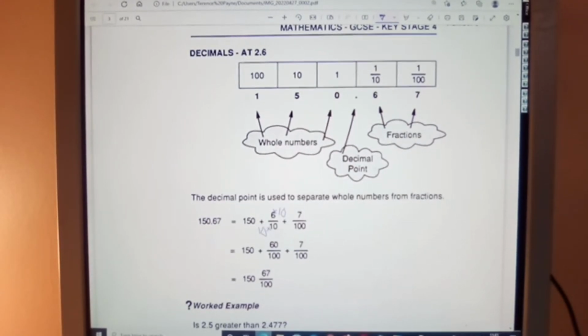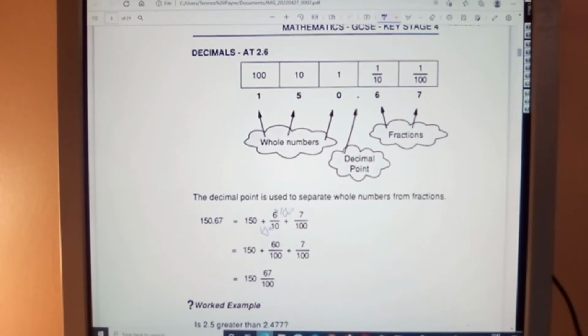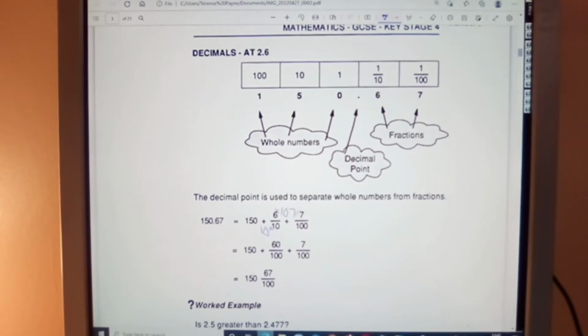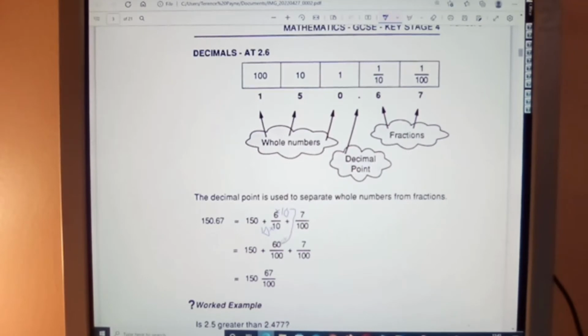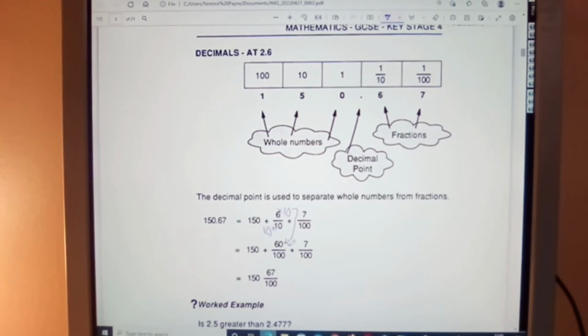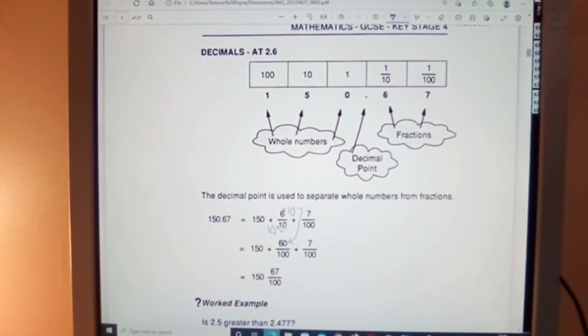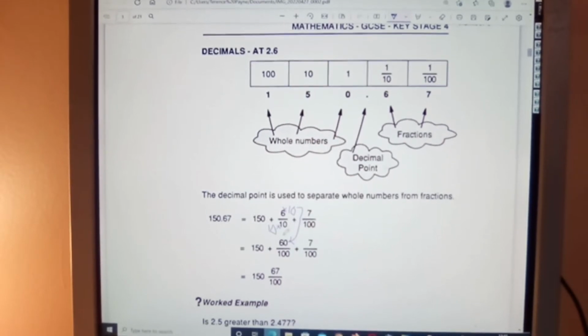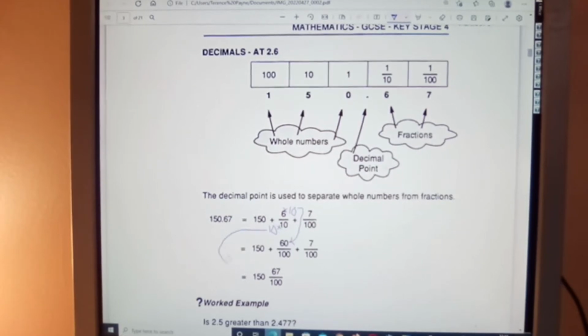I'm just saying here, times 10. So 10 times 6 is 60, and that comes all the way down to here. Then 10 times 10 is 100, and that comes all the way down to here, and that becomes 100.